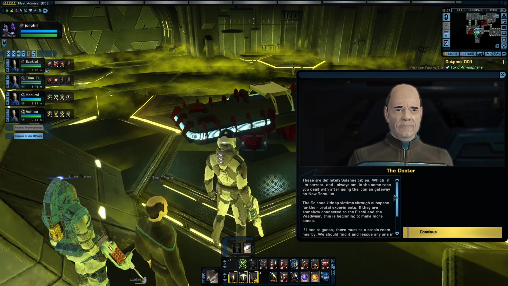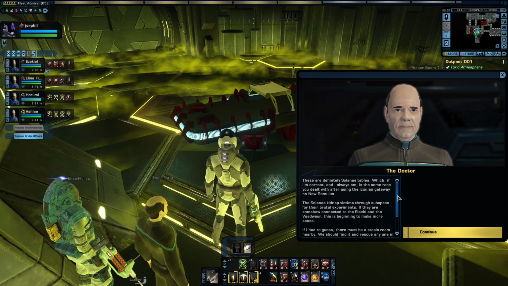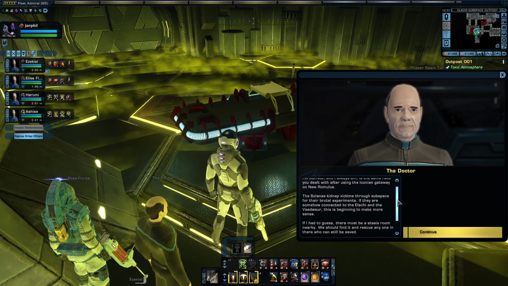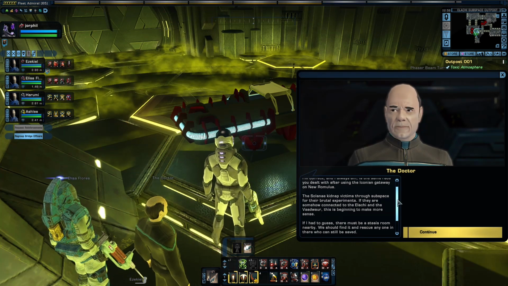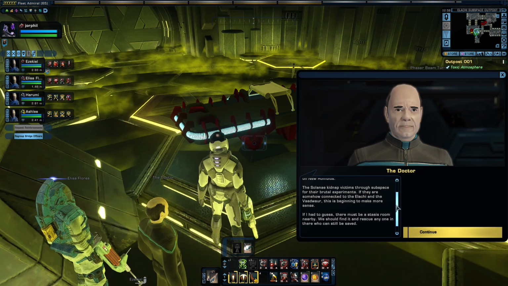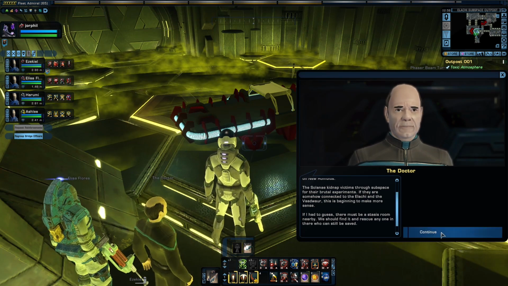The Iconian Gateway on New Romulus. The Solanae kidnap victims through subspace for their brutal experiments. If they are somehow connected to the Alachi and the Vaadwaur, this is beginning to make more sense. If I had to guess, there must be a stasis room nearby. We should find it and rescue anyone in there who can still be saved.